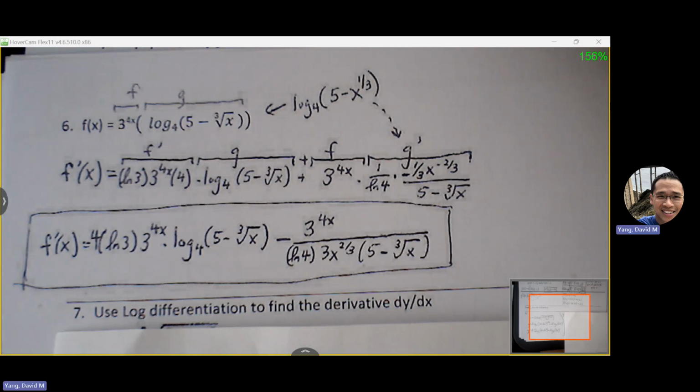Okay, number 7 is also log differentiation. I just want to point out that on the quiz, you're not going to use log differentiation unless I specify that you do. So I don't want you to try log differentiation if I don't specify it. For number 7, though, there's that instruction.